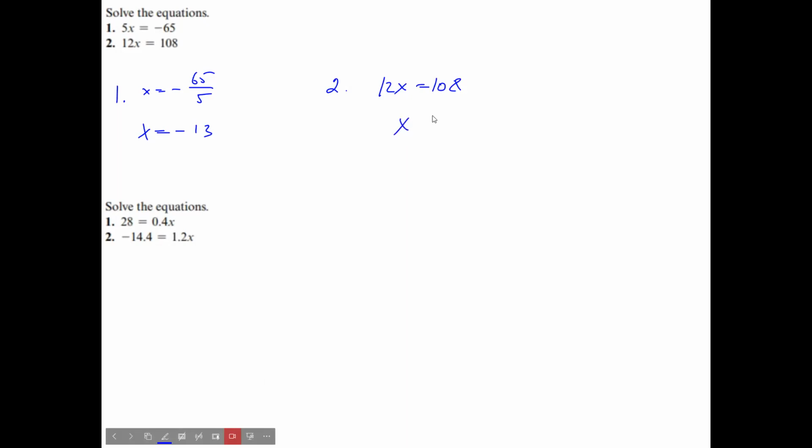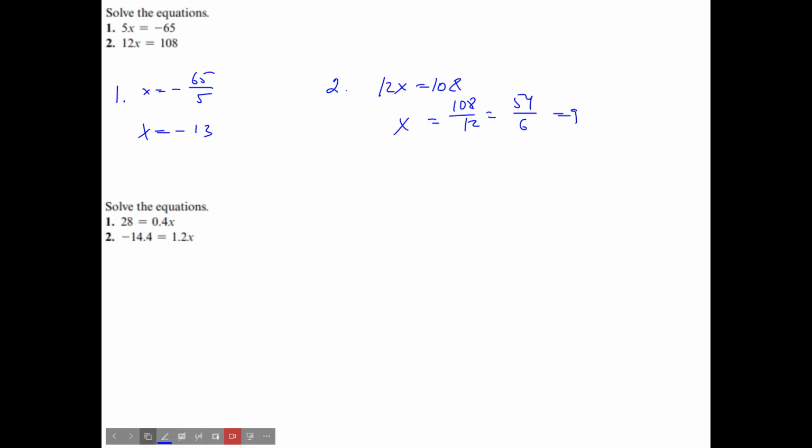12x equals 108. So here, if I don't have a calculator, what can I do? What is the answer? 9, yeah. So 108 over 12. What I can do, 54 over what, 6? It's 9, right? Good.